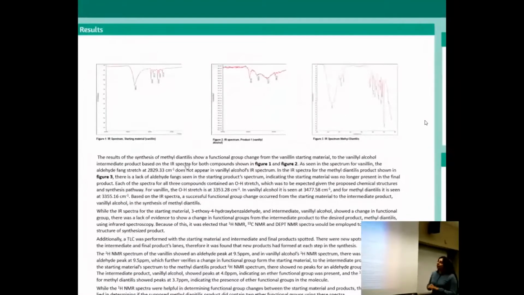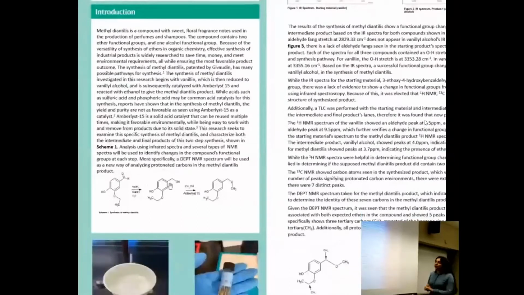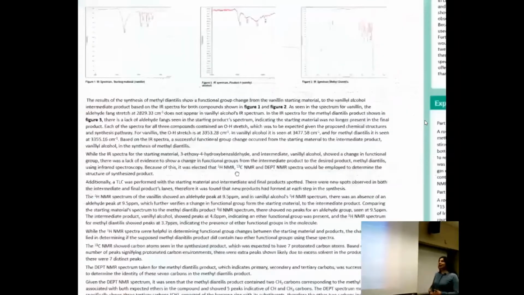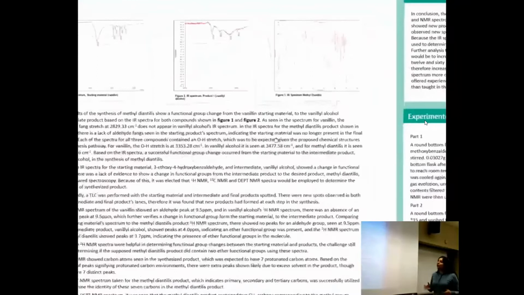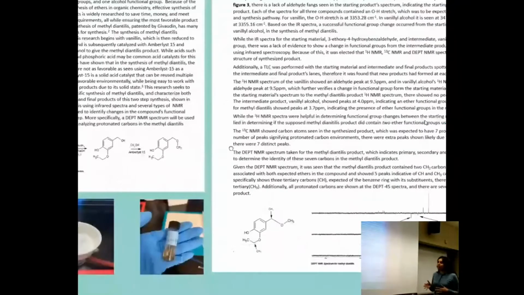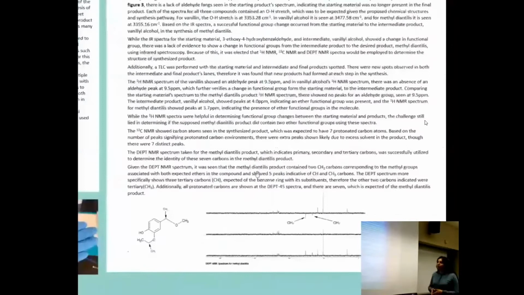So going from the first product to the second, or the desired methyl dianthyllis, you can see that we have an OH stretch, but you can't really tell which ether functional groups are there and whether they're there. So because of that, I used NMR spectrum. Starting with the carbon-13 NMR spectrum, which didn't really show me very much.